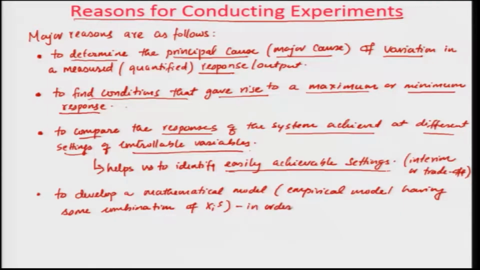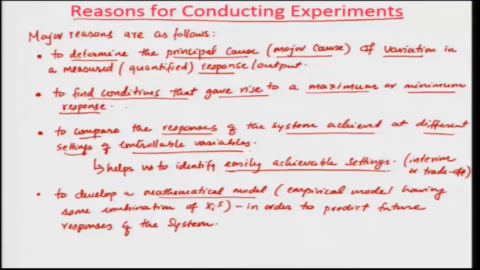Why do we do this? In order to predict future responses of the system. If you can build the empirical or mathematical model, which is some combination, not necessarily linear, of xi's, then we can use this model to predict the future responses or output of the system.